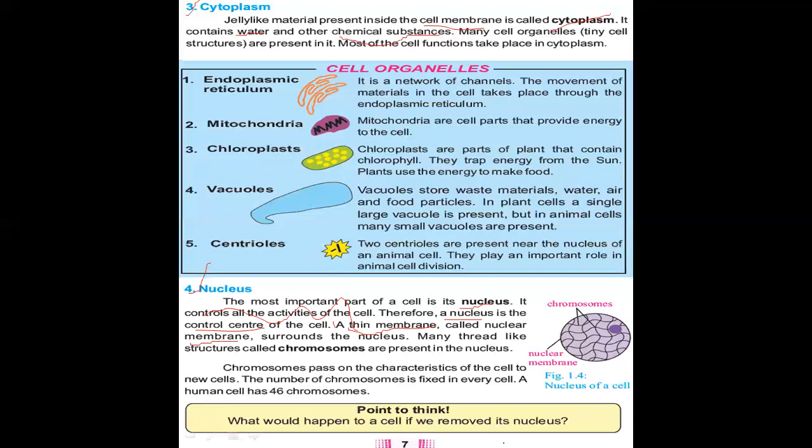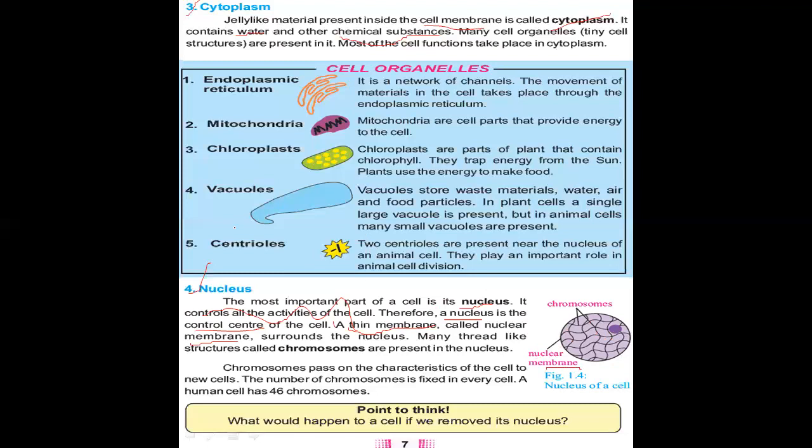So if you see this one, very thin membrane that also surrounds the nucleus, because nucleus also has certain nuclear organelles, and these organelles must be kept inside the nucleus. That's why that is covered by nuclear membrane. Membrane means covering, and nuclear means nucleus covering.